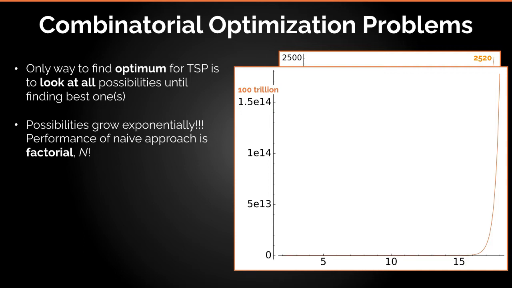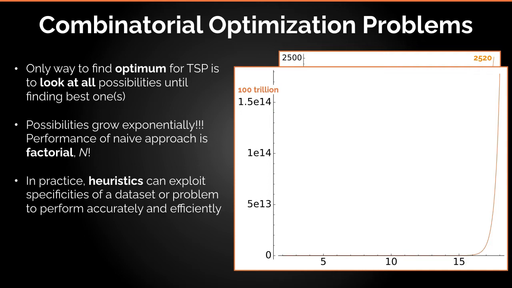We don't know how to make a good guess, so we have to look at all possibilities and pick the right one. So in practice, of course, we're not going to look at 100 trillion possibilities. That's just a waste of our time. So what we're going to do is use heuristics, which help guide and eliminate the obviously wrong solutions so that we don't waste a lot of time on those.